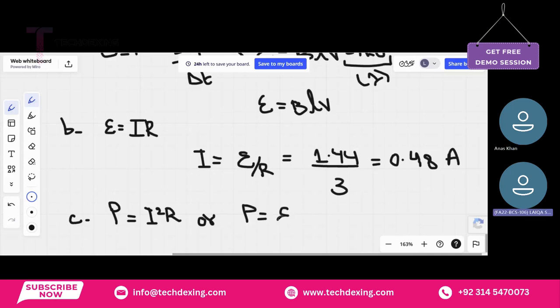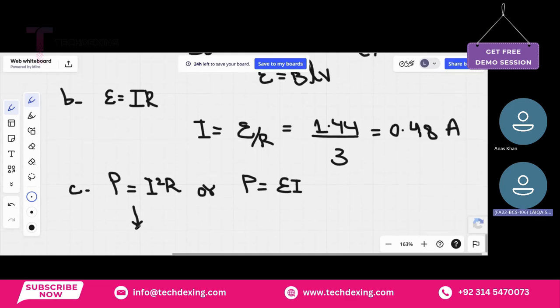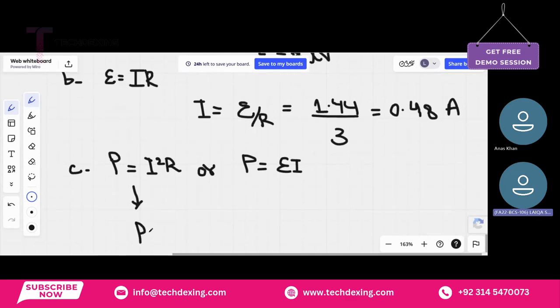It's epsilon I. You can use any of these. If we use this one, we simply substitute the values. Power equals 0.48 squared times R, and R has the value 3.